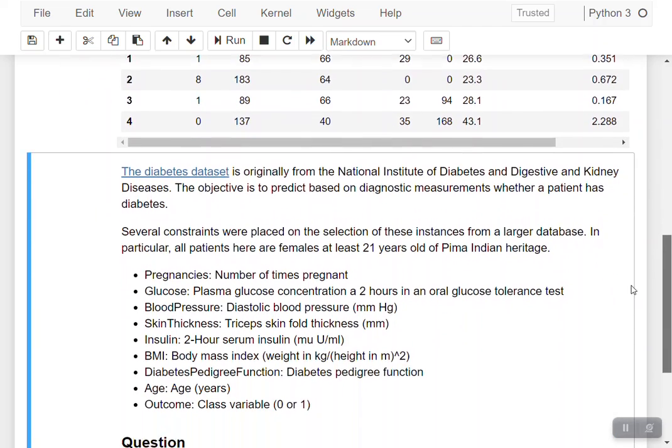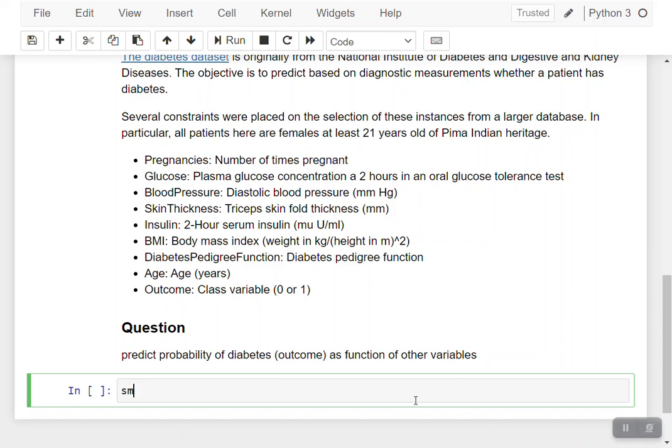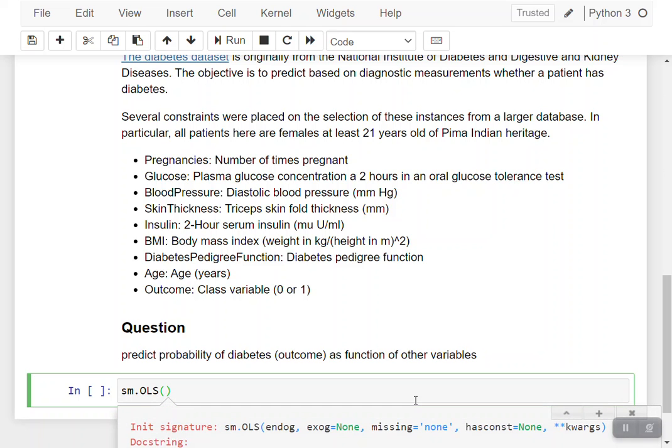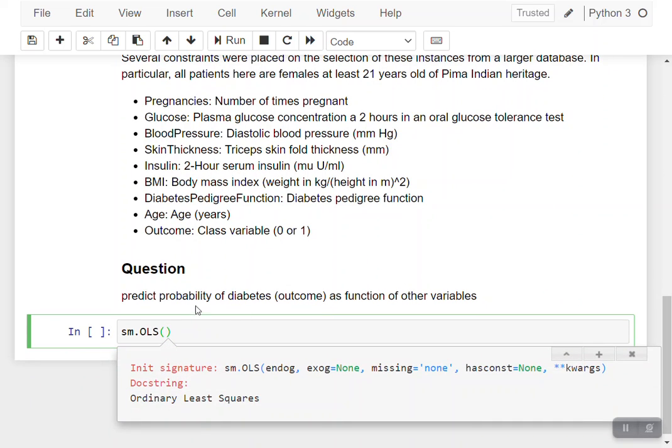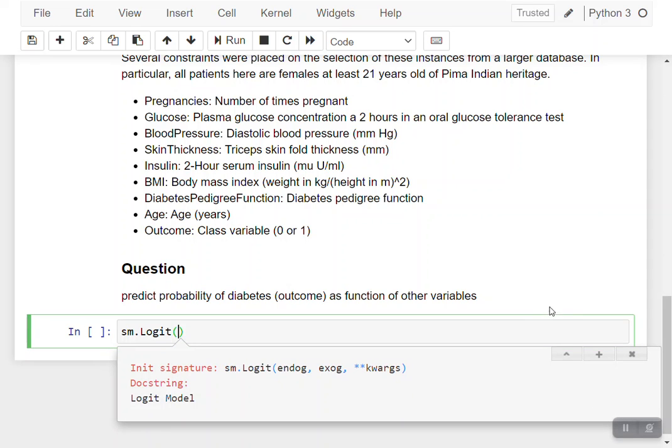And what I'm going to do now is create a model. But instead of creating an ordinary least squares model for linear regression, I'm going to create a logit model here. And that's for a logistic or logit regression analysis.